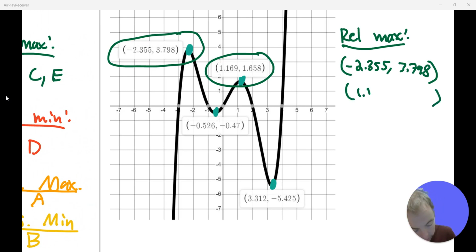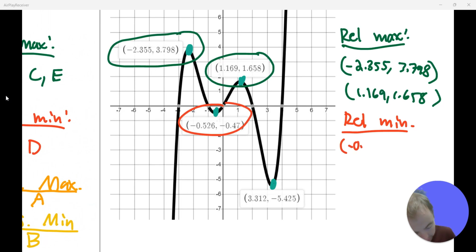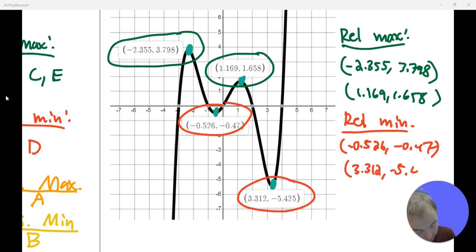The other one is 1.169, 1.658, right? For relative minima, you have a couple. You have one that's occurring right there at negative 0.526 and negative 0.47. The other one that you have occurring right there is at 3.312, negative 5.425.